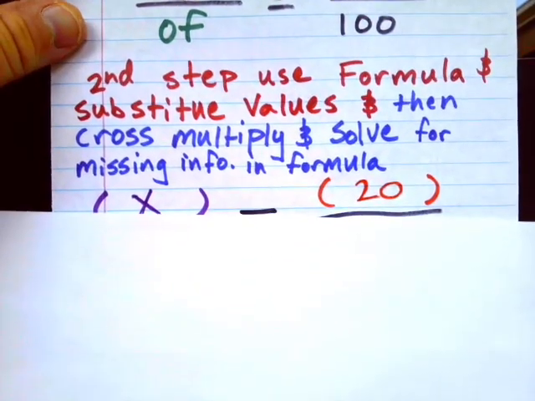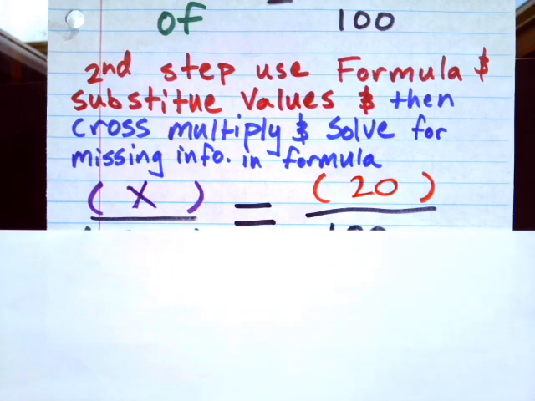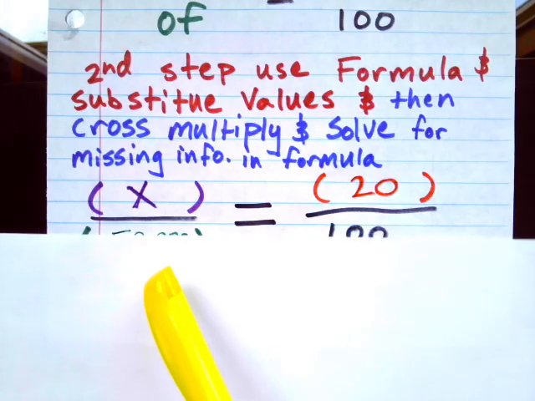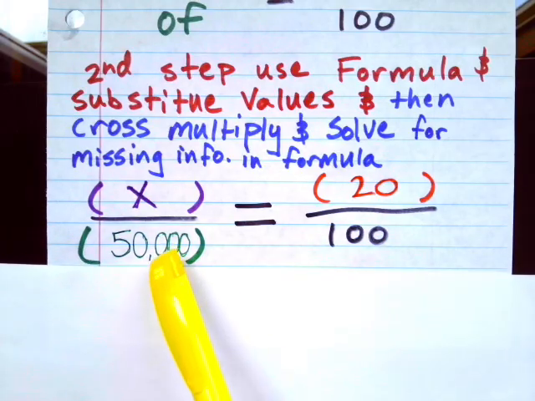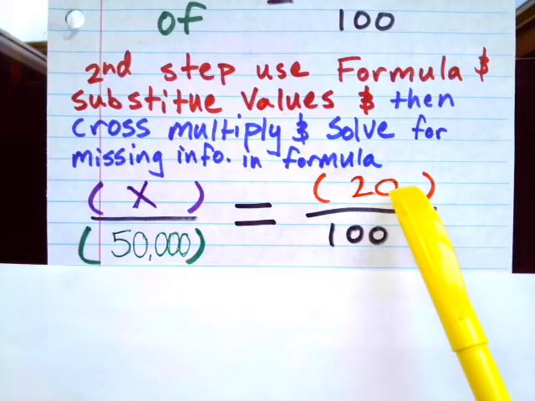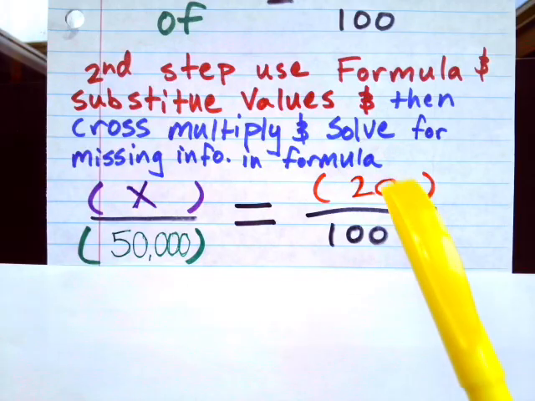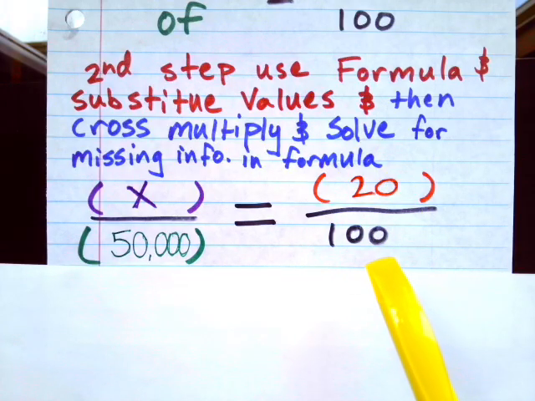So here I'd like to show you this step two. I'm going to use an x for the is because there was no is in that particular example I just showed you, but there was an of $50,000, and there was a percentage. It was 20. So I substituted 20 for the percent, 50,000 for the of in that statement. And again, your percentage will always be over 100.